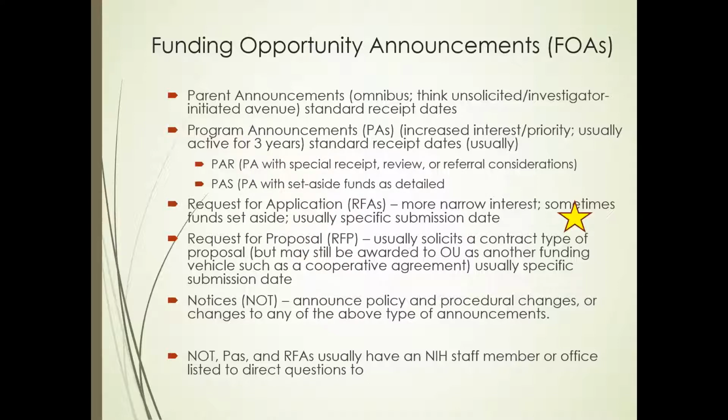Most of the time, they'll tell you, if you want to apply to this NOSI, please put this information on this block of the 424 on this list, the submission that you are already going to submit to a parent announcement, an RFA, or an RFP or PA.